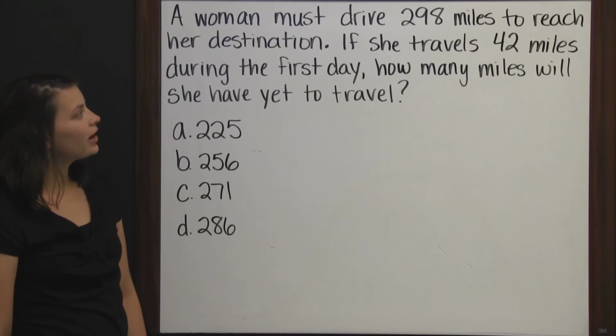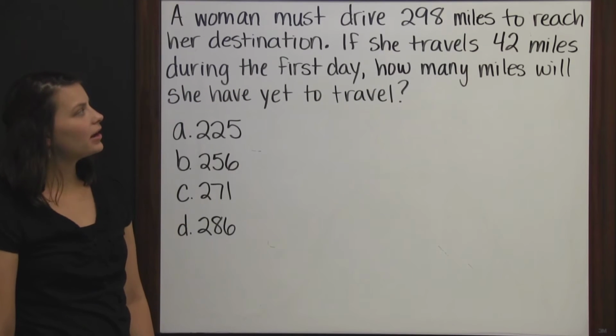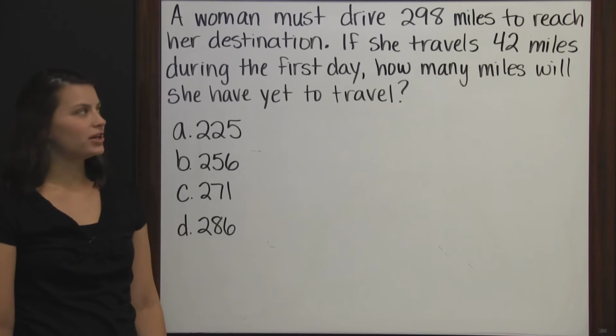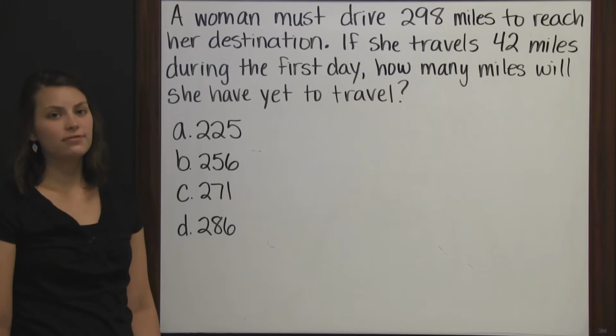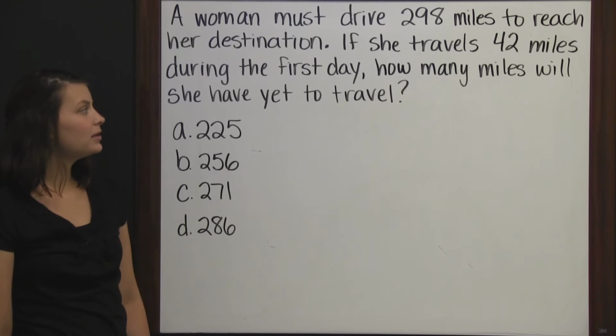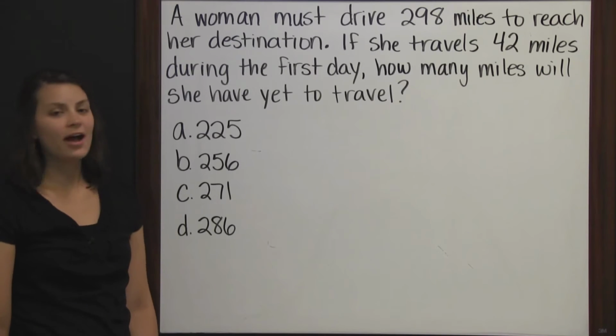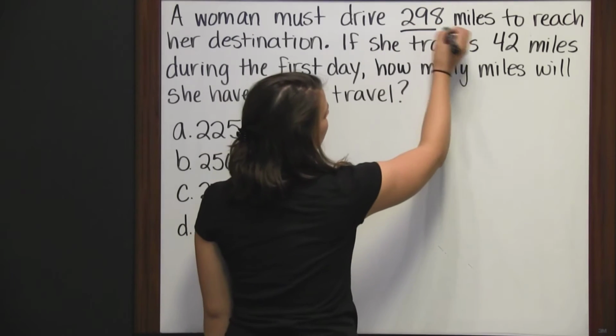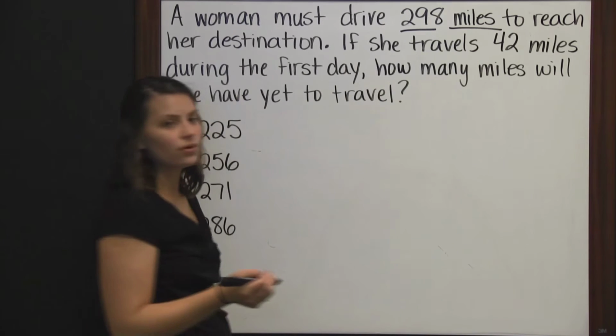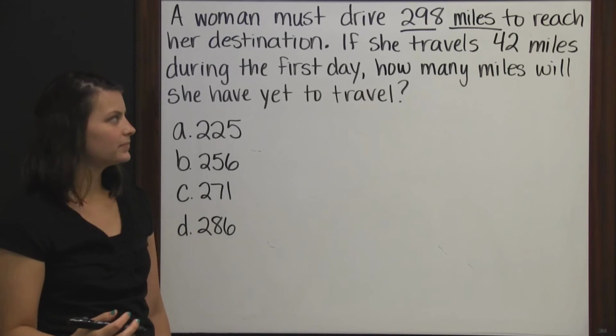A woman must drive 298 miles to reach her destination. If she travels 42 miles during the first day, how many miles will she have yet to travel? 298 miles is the total that must be driven.